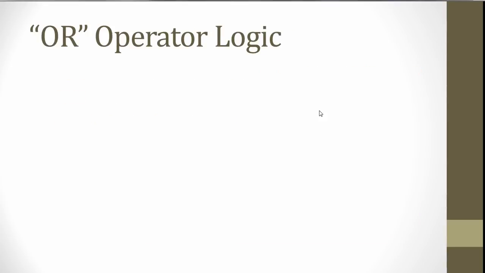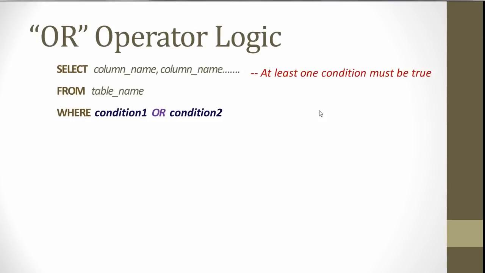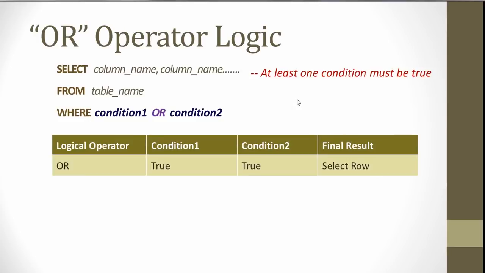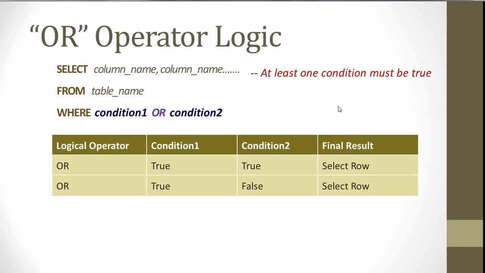Now let's look at the OR operator logic. Here, when we have 2 conditions, at least one of the conditions must be true. So let's look at condition 1 is true, condition 2 is true, so we select the row. Now condition 1 is true, condition 2 is false, then too we select the row.